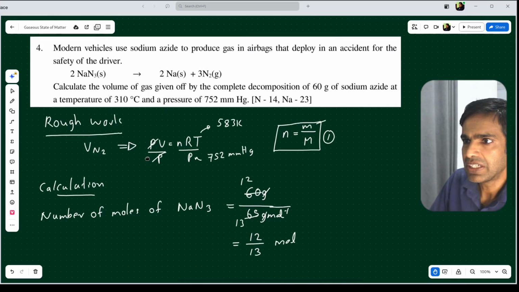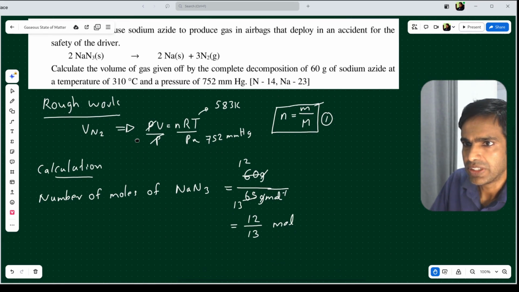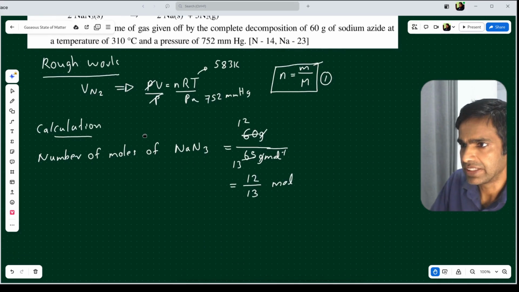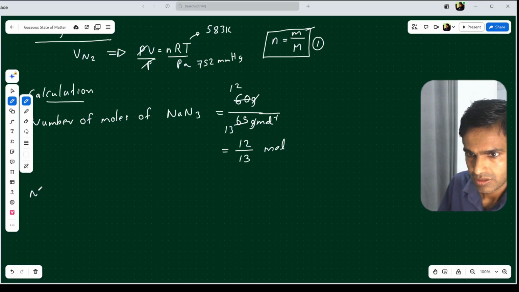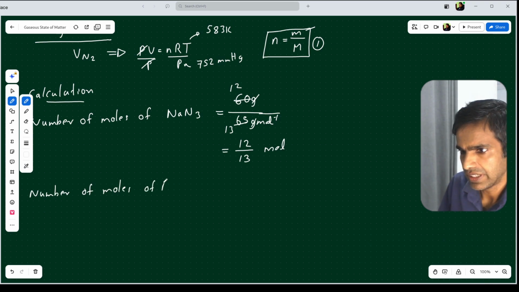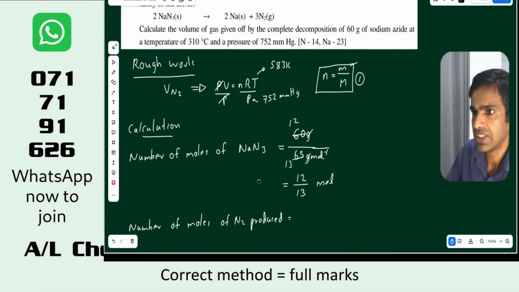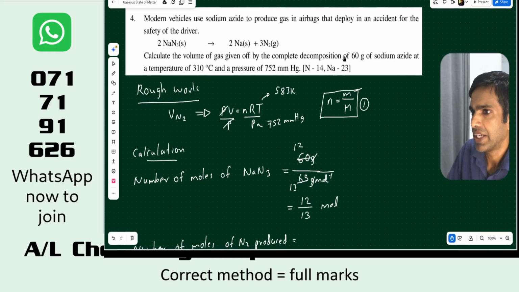The balanced chemical equation for the decomposition of sodium azide is given. Therefore, we can use the stoichiometry to calculate the number of moles of nitrogen released or produced. In the question, it is given that complete decomposition can be assumed.